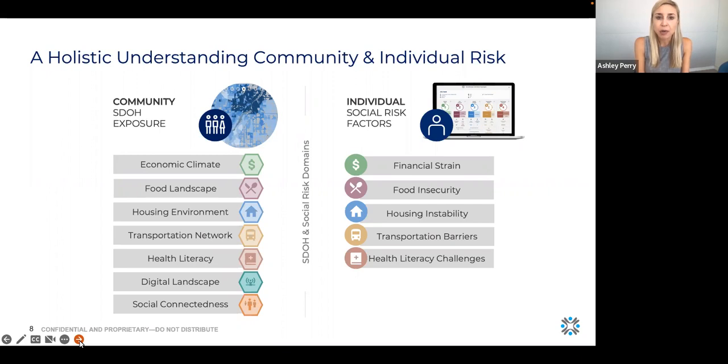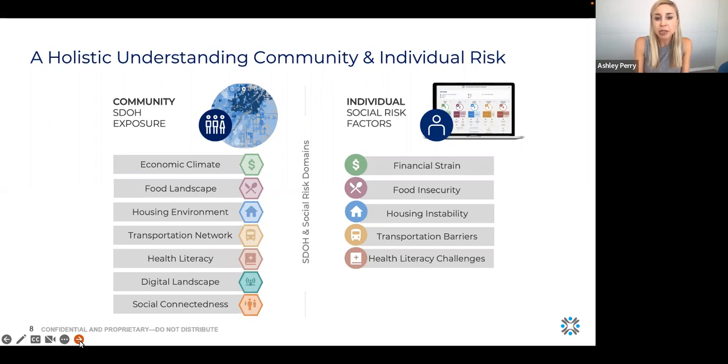In addition, though, we recognize that there are person-specific factors that can either accelerate or potentially mitigate that community level risk. So we also look, and you'll see on the right-hand side of the slide, across a number of different person-specific domains that relate to the community domains, but are built off of those models and enhanced by person-specific data that we can incorporate to account for some of those factors that might catalyze or mitigate the risk.